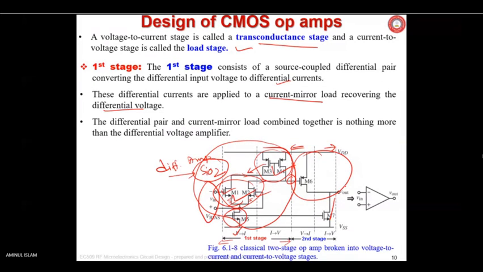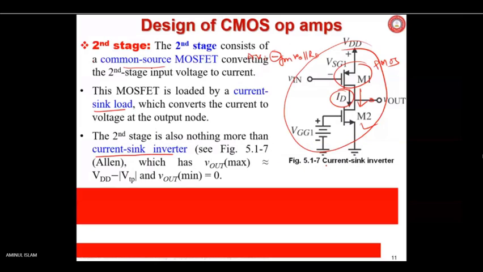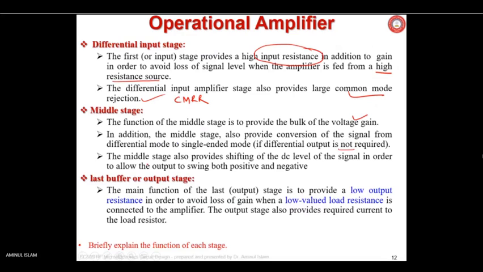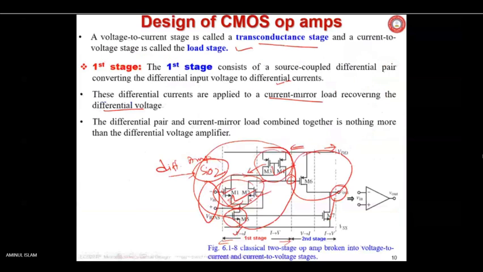We'll see later on that the differential amplifier may also give a differential output instead of a single output, as you see here. Now coming here, the middle stage also provides shifting of the DC level of the signal in order to allow the output to swing both positive and negative. That is also possible. It may give a shifting of the output voltage level. Here the voltage level will be different. DC level I'm talking about. Here may be different.